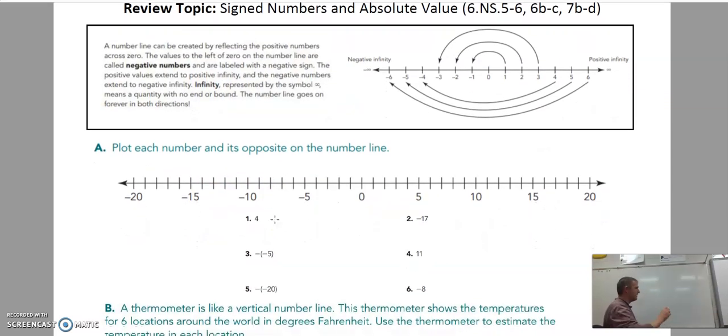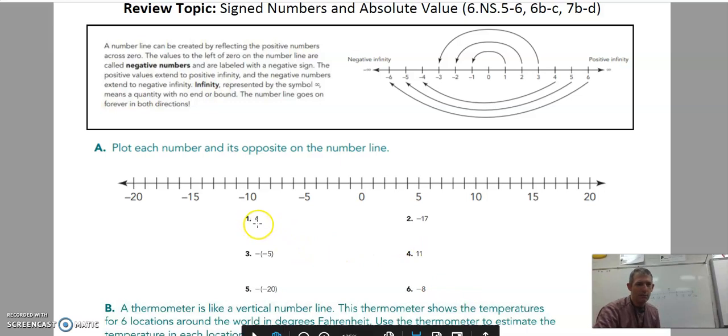Okay, so let's get ourselves a number line here. Start with 0. Then I'm going to need to go every 5, and there's 20. It's -5, -10, -15, and -20. Okay?